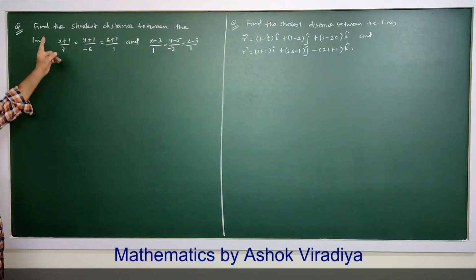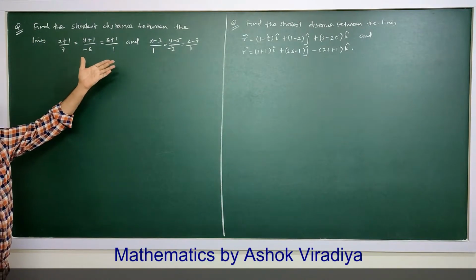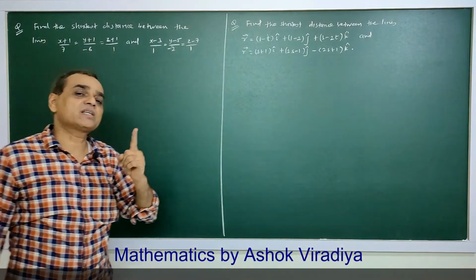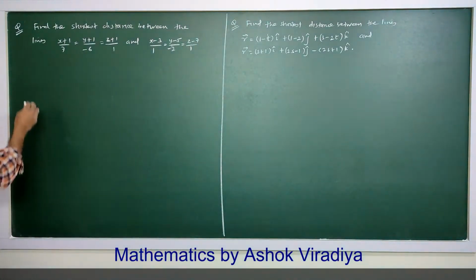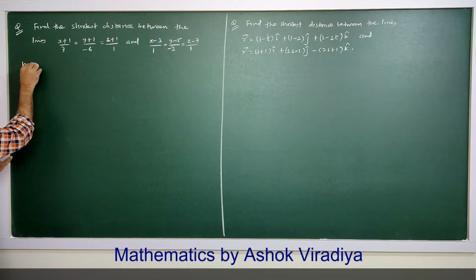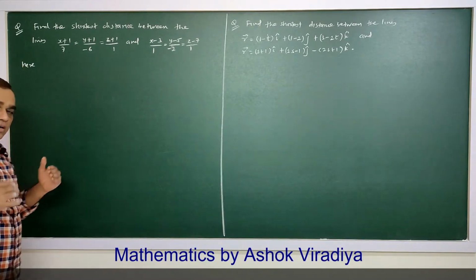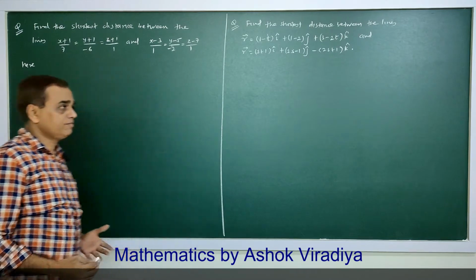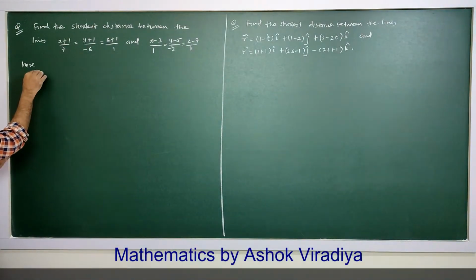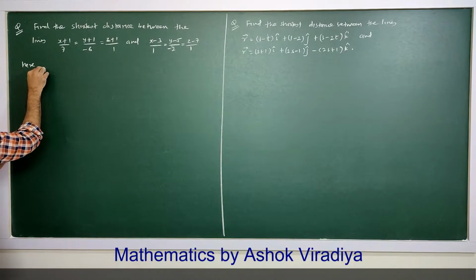Next question. Find the shortest distance between the lines. Here the equations are given in Cartesian form. So from the Cartesian form we can directly take the vectors which are required to substitute in the formula. See from the first equation, vector a1.